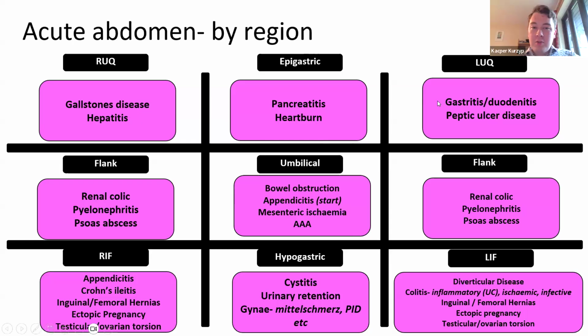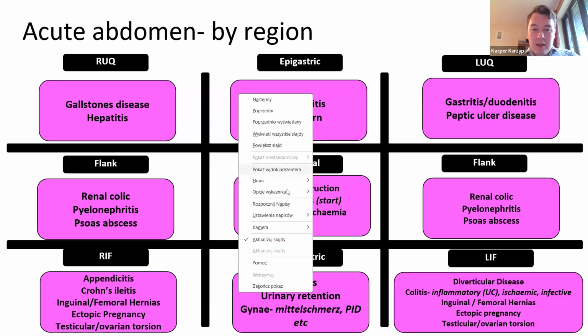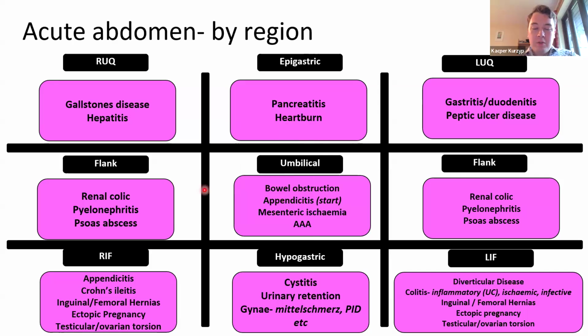We covered all of the stuff that's happening at the top there, but we will cover a bit here at the bottom. As you can imagine, if the pain is in the hypogastric region, it's unlikely to be pancreatitis. Right iliac fossa is unlikely to be due to peptic ulcers, etc.